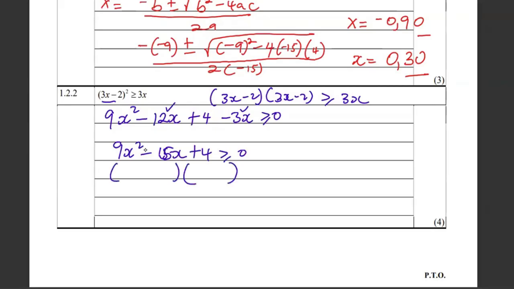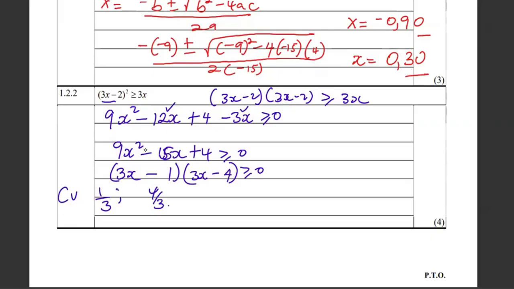Then we can get the factors or use the quadratic formula. So I have a 3x and a 3x, a 4 and a 1, and then negatives, greater or equal to 0. So my critical values will be basically 1 over 3 and 4 over 3.